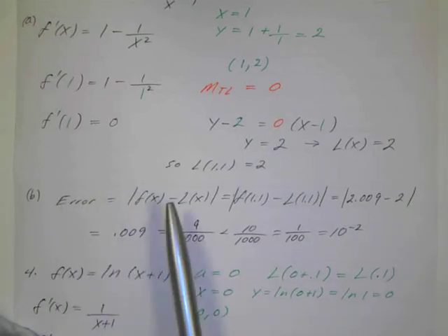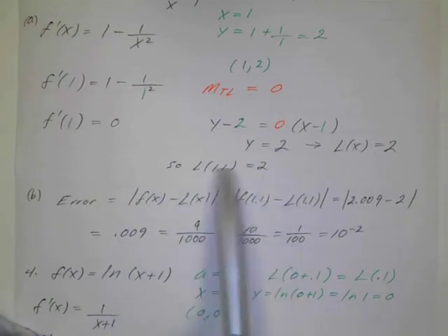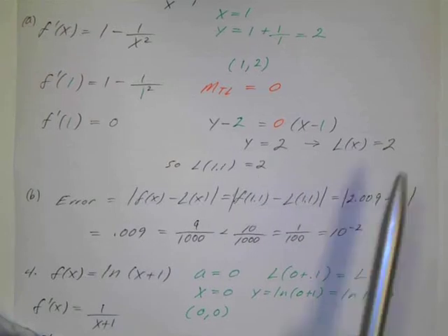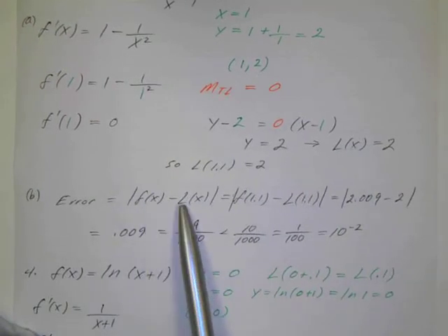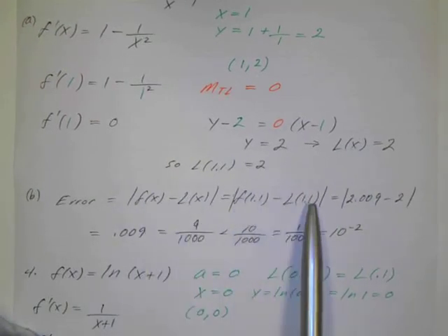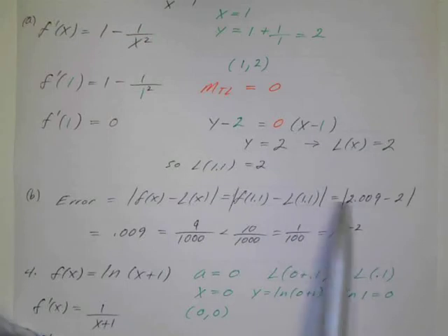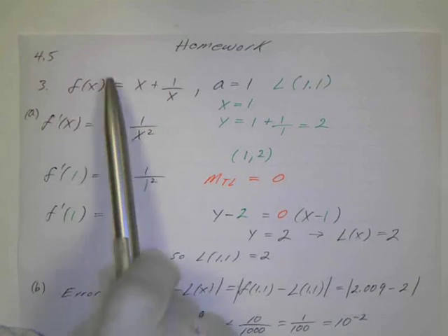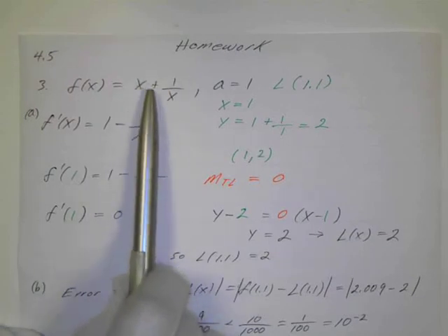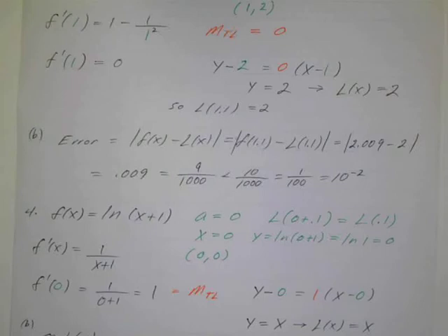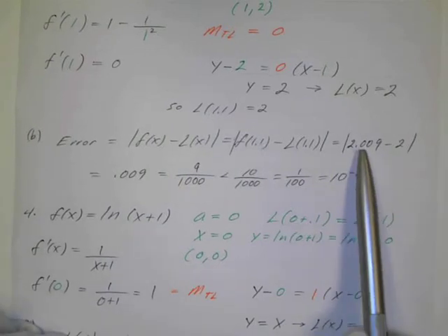Okay, so let's take a look at the error. First of all, like I said, my linearization is always going to be 2. So f of x minus L of x, f of 1.1 minus L of 1.1. Well, if I put 1.1 into the original function, so I take 1.1 plus 1 over 1.1 and evaluate that, and I take the difference, what I got was 2.009.